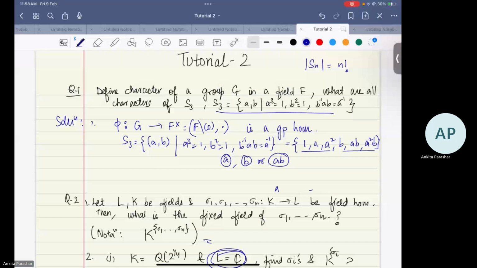Note that alpha is a typical element of this field Q(2 power 1 by 4).